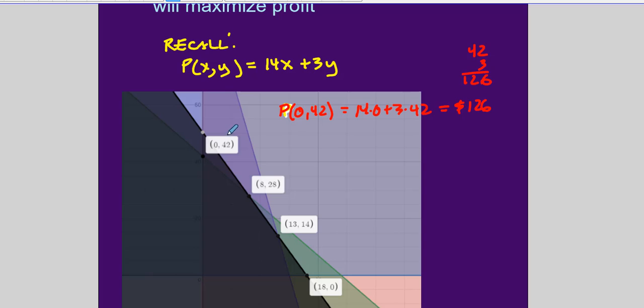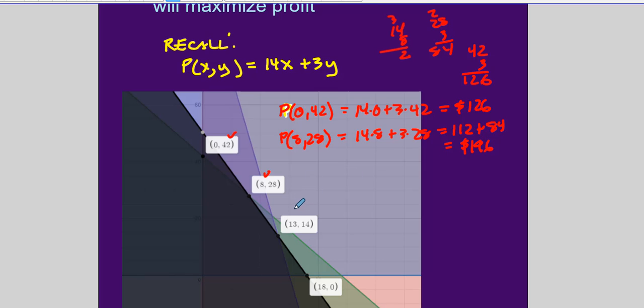So I've done this one, now I'm going to do P of 8, 28, which is 14 times 8 plus 3 times 28. Okay, 14 times 8 is 112. That's 112 plus 28 times 3, which is 84. If you add those up, you get $196.